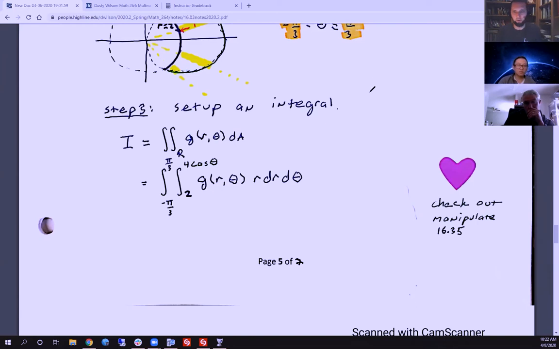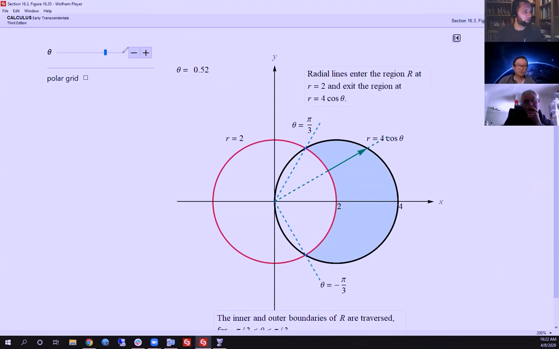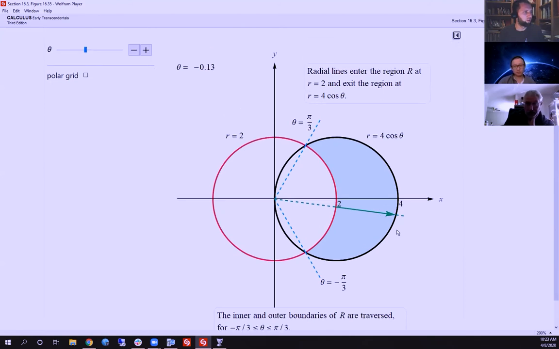Let me show this in the manipulate. So in the manipulate here, we've found our region from negative pi over 3 to pi over 3. Notice we start at the origin. We don't grab anything until we hit the red curve at 2. So that's going to be our lower limit of integration. And then we grab everything all the way up to the outer limit, which would be the 4 cosine theta.